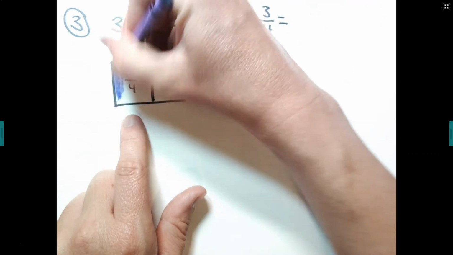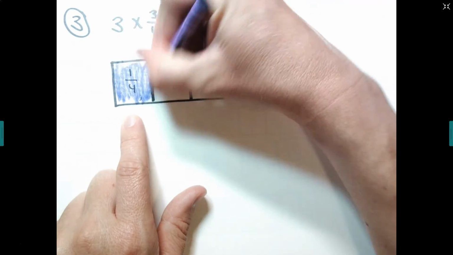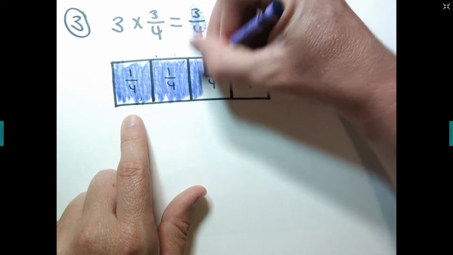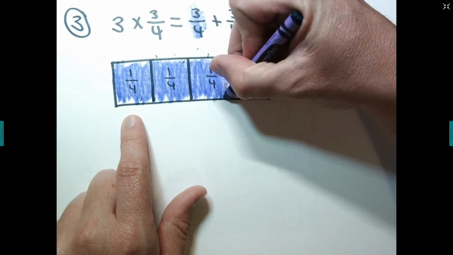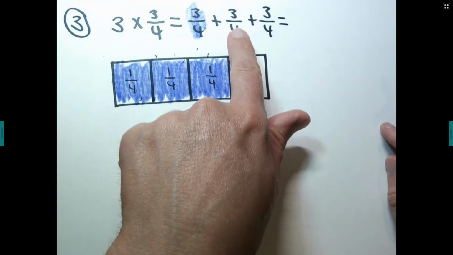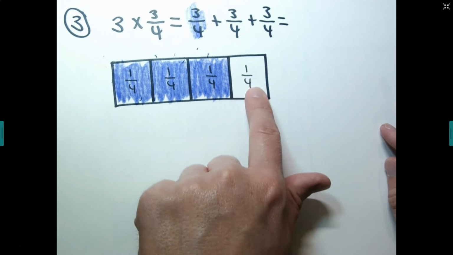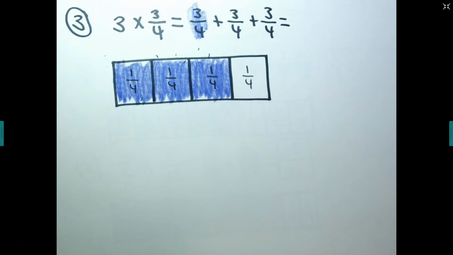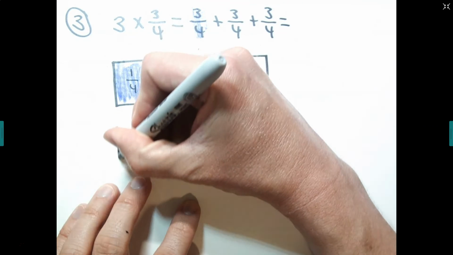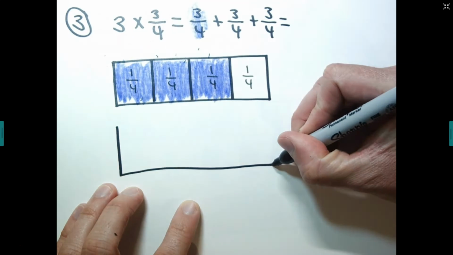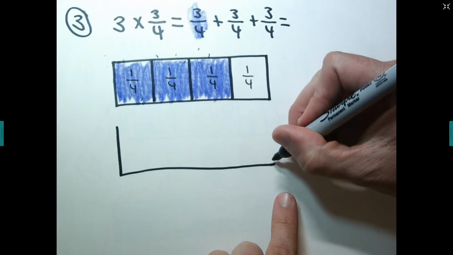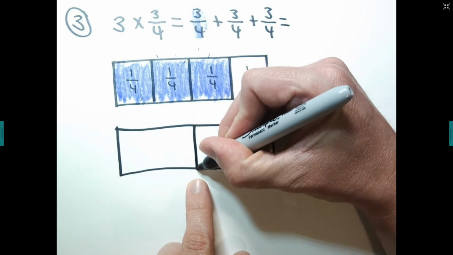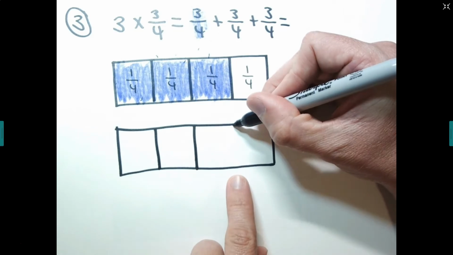And I will color in 3/4. You might want to pause so you can catch up. There we go. My next 3/4, I need another bar model to make that because I only have 1/4 left here. So I will make another bar model. Same size, make them start and end at the same spot. There we go.